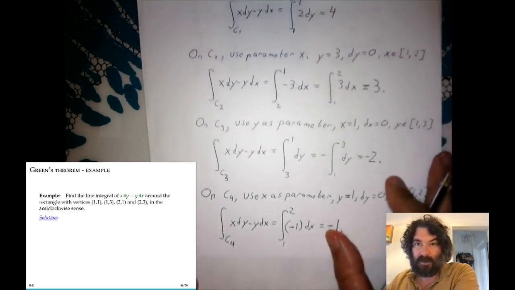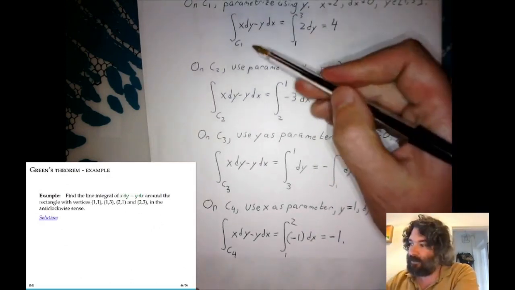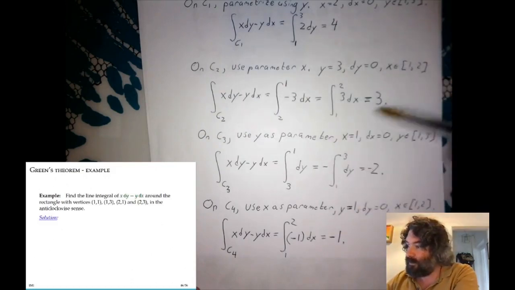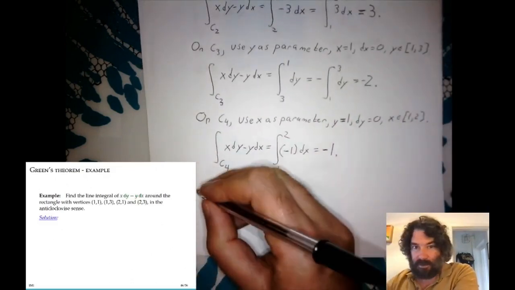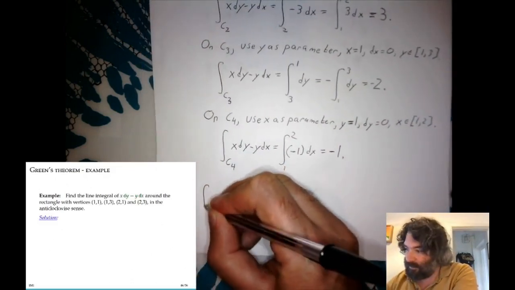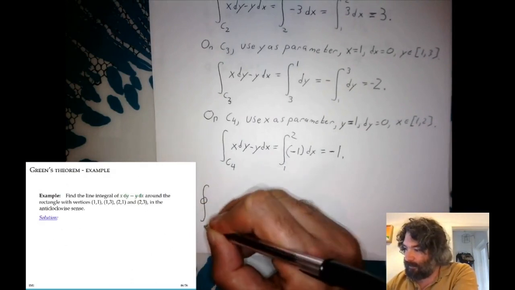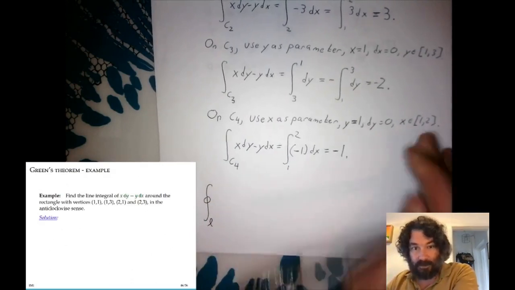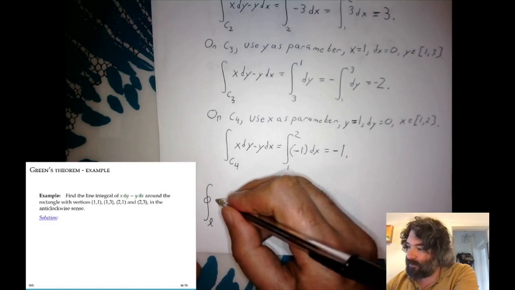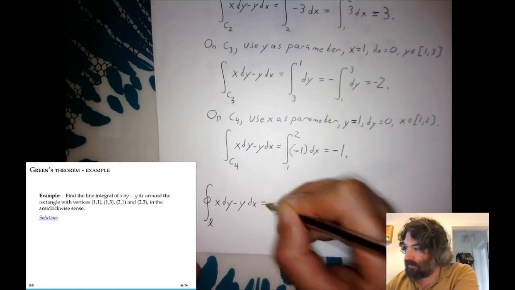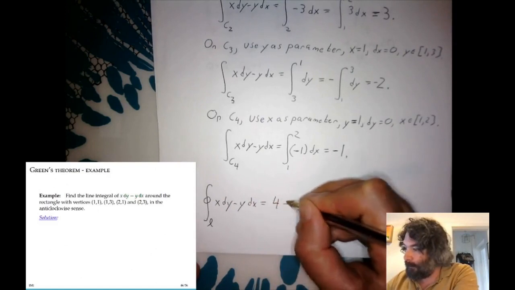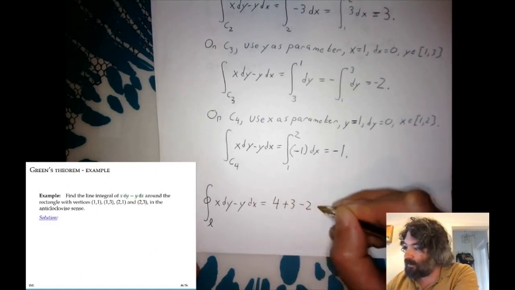Right, so we have the four integrals now. The integral over C1 is 4, C2 is 3, C3 is negative 2, C4 is negative 1, and let's add them up to get the entire integral around the boundary. So the integral around this loop L, which is the boundary of the rectangle, of x dy minus y dx, is equal to 4 plus 3 minus 2 minus 1.